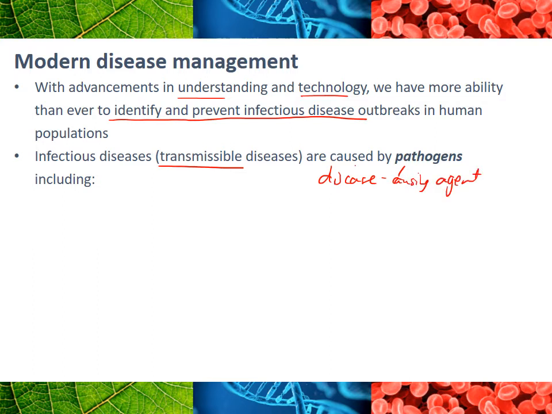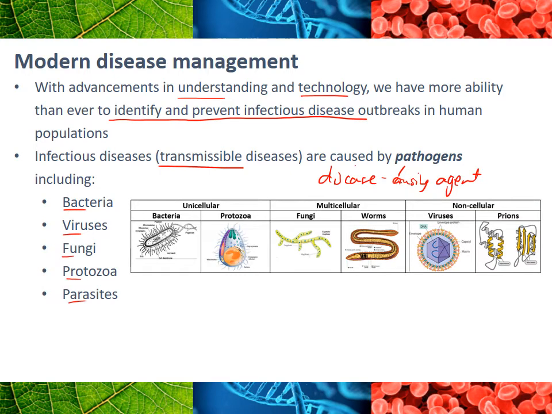We used to use the term microorganism, but we prefer agent now because not all pathogens are actually living. So these are things like bacteria, viruses, fungi, protozoa, and parasites. All of these we looked at in a fair bit of depth in Unit 3 when we looked at immunity. Okay, so we're just recapping that because these are what cause infectious diseases.